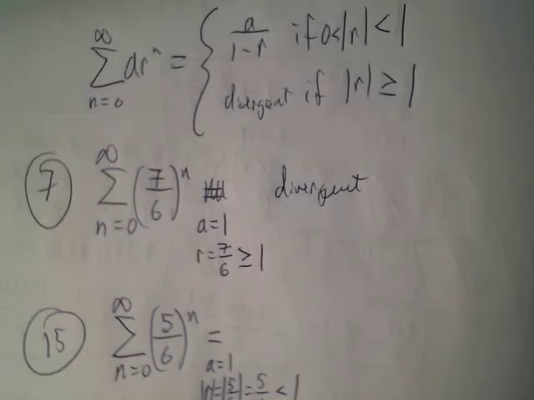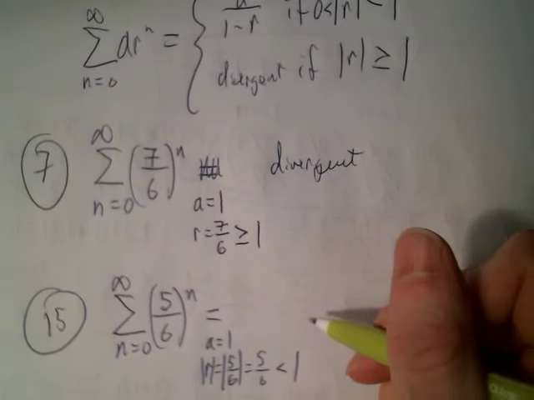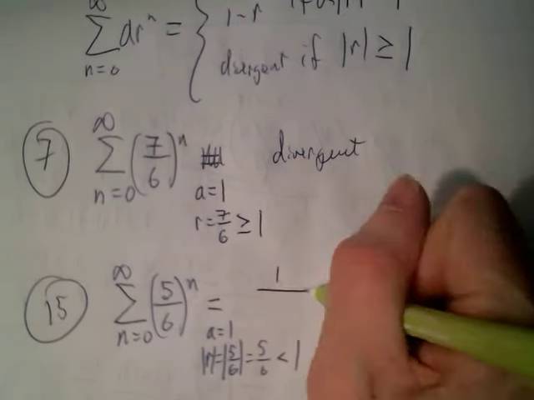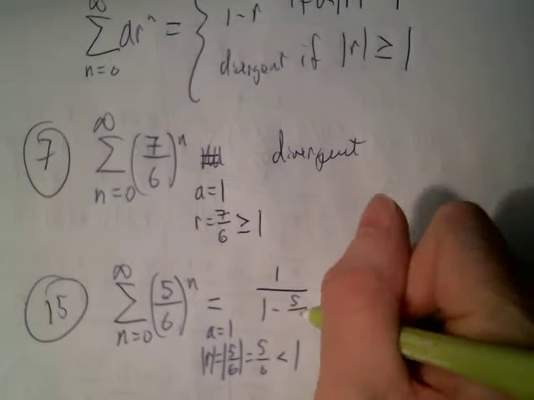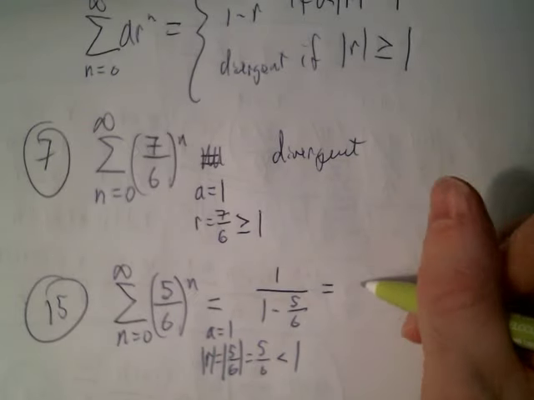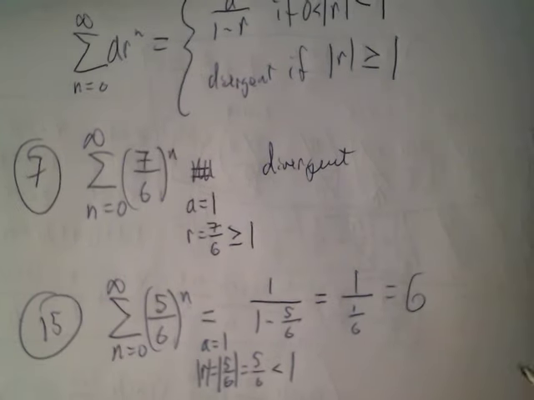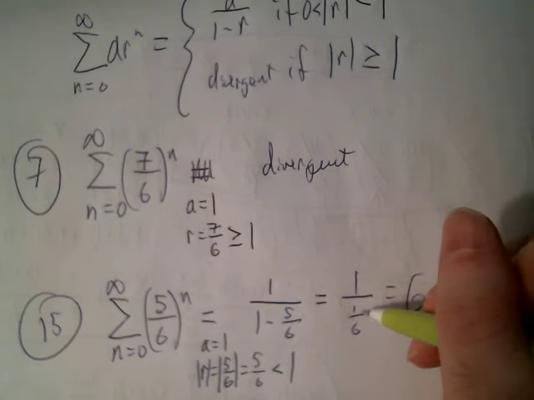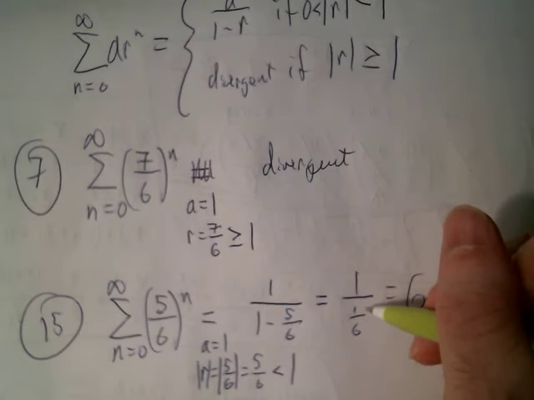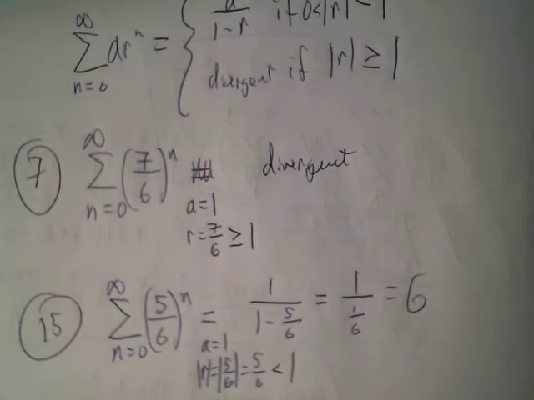So it's convergent, and it converges to A over 1 minus R. This will equal 1 all over 1 minus 5/6, which is 1 all over 1/6, which is 6. Oh, sorry, 6/6. Yeah, that's right. Did I get it wrong in my notes?